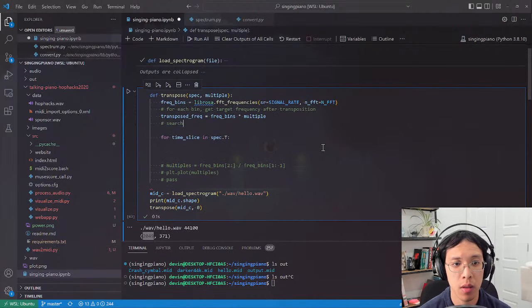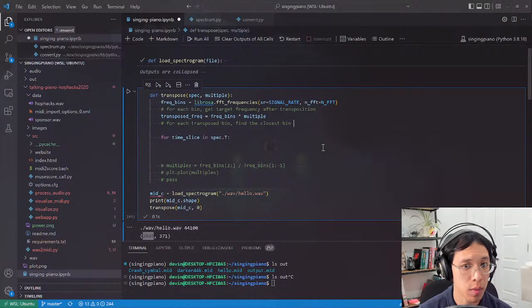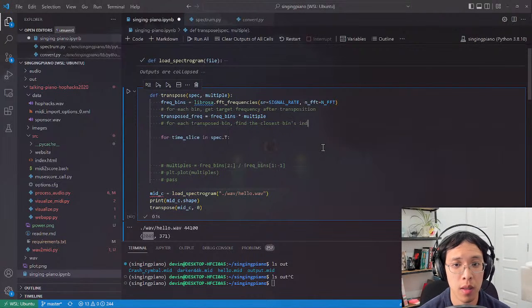Then search for each bin, find the closest. For each transpose bin, find the closest bin index. Find the index of the closest available bin.